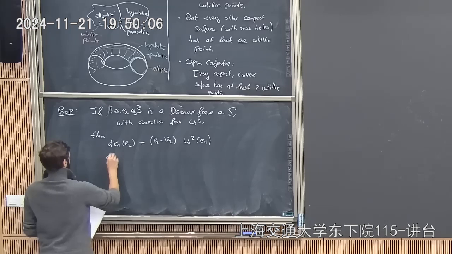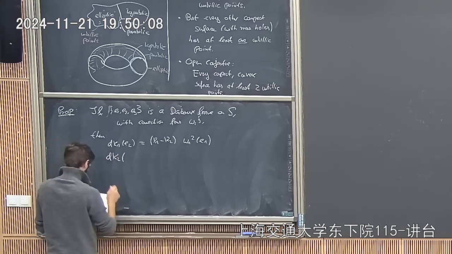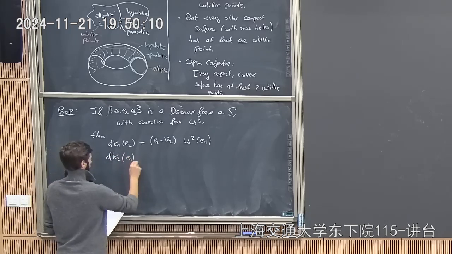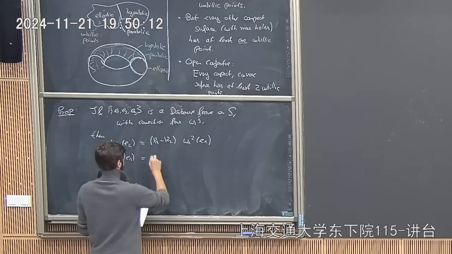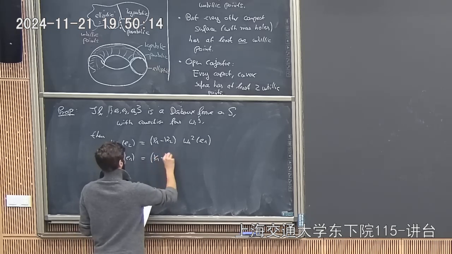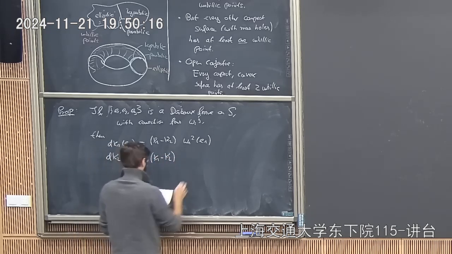And you get a second very similar equation where we just interchange the roles of 1 and 2.